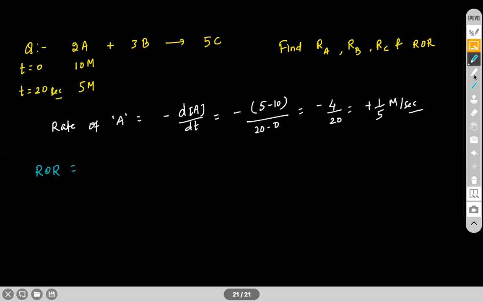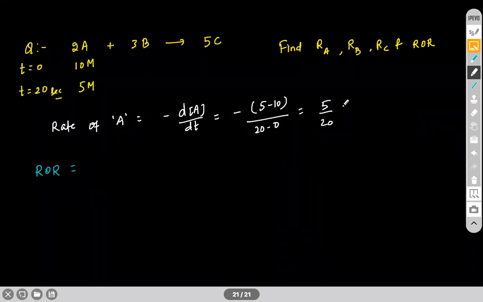Oh, I have written it wrong. Anyway, it's 5. So this is 5 divided by 20, 1 by 4, right? Molar per second.